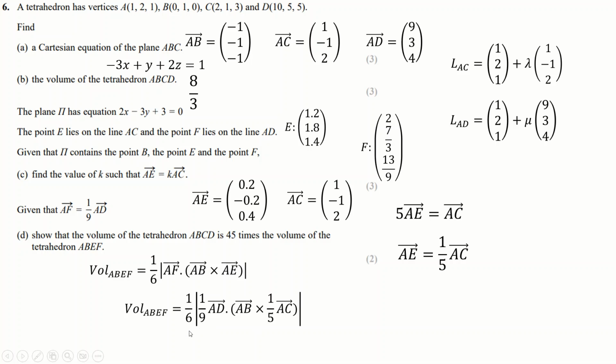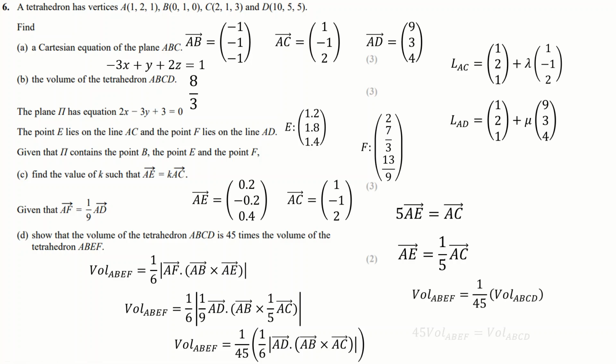Just take this 1/9 and this fifth out to make a 45th of this thing here, and this thing here is exactly what we described earlier, the volume of ABCD, and therefore the new one is a 45th of the old one. This one times 45 would make this one.